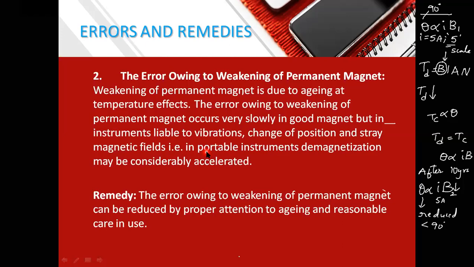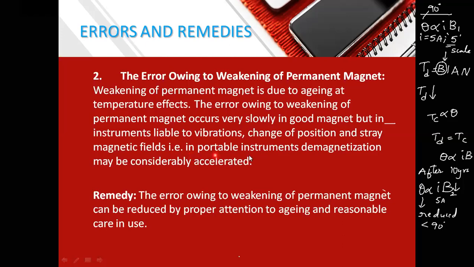But when we are dealing with meters, we take the meter, we use it, we move it, we change its position, we use it in some other place, in different environments where there are strong external magnetic fields.